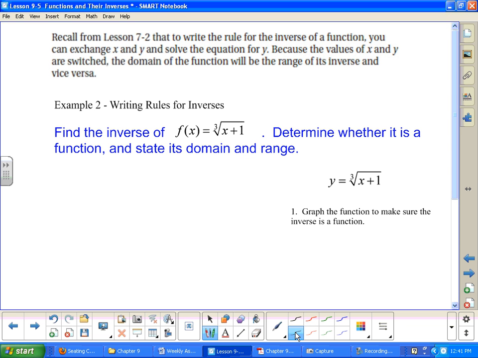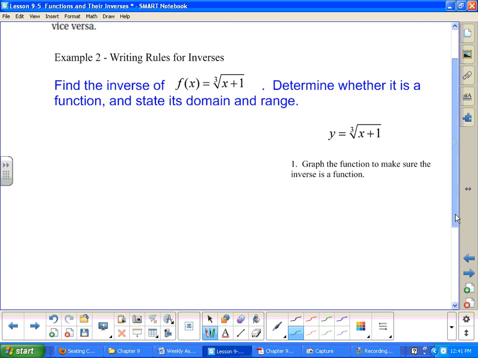They want us to find the inverse and then determine whether it is a function and state its domain and range. So first of all, let's graph the function. First, we're going to graph it to make sure the inverse is a function.